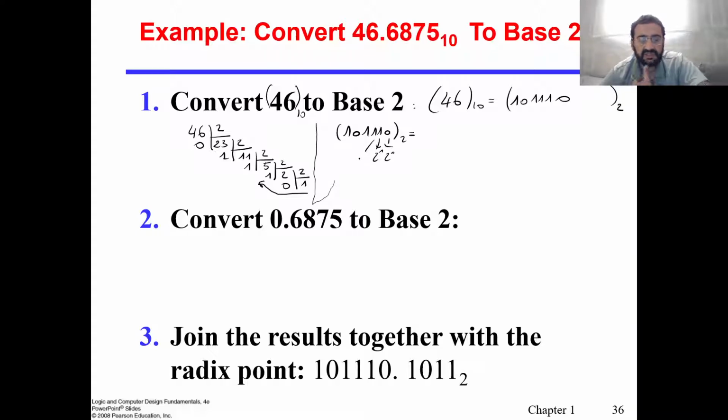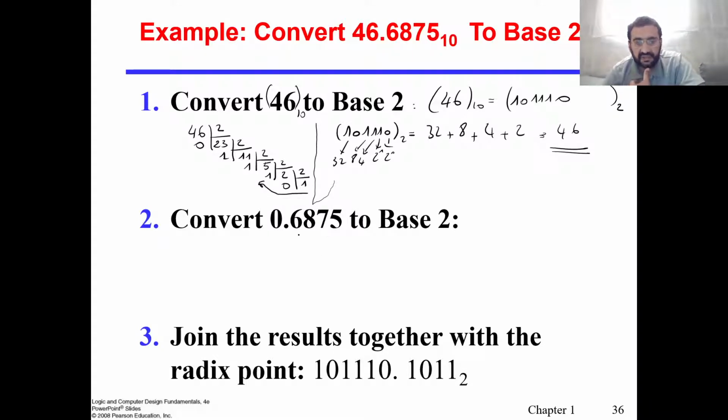So I'll write directly the result of the power. Here this is 2 to the power of 2, which is 4. This has the weight of 8, this 16, and this has the weight of 32. So the result is 32 plus 8 plus 4 plus 2. So this is 46. Okay, so the result is okay.